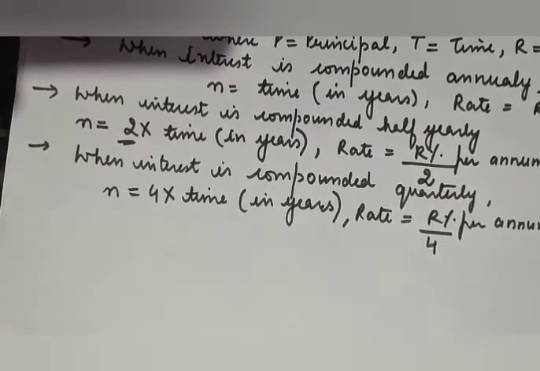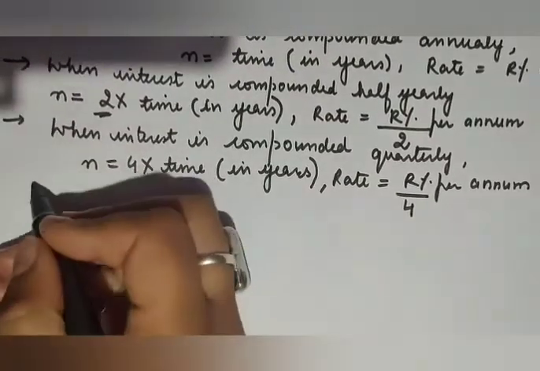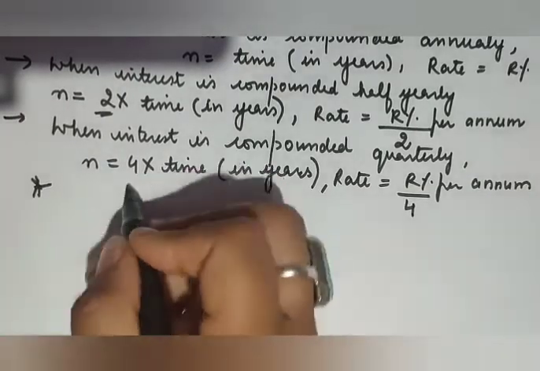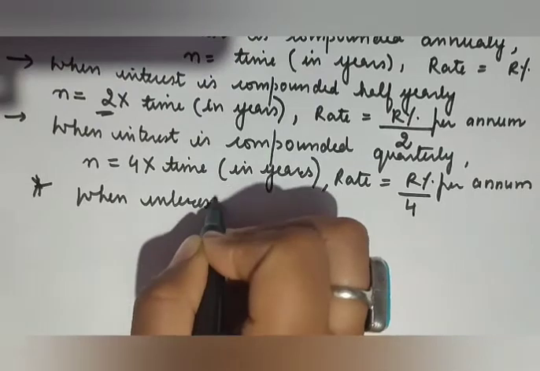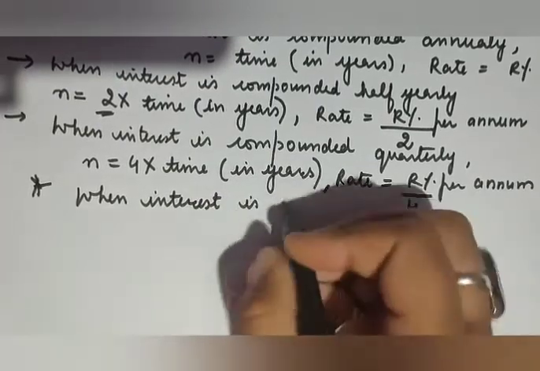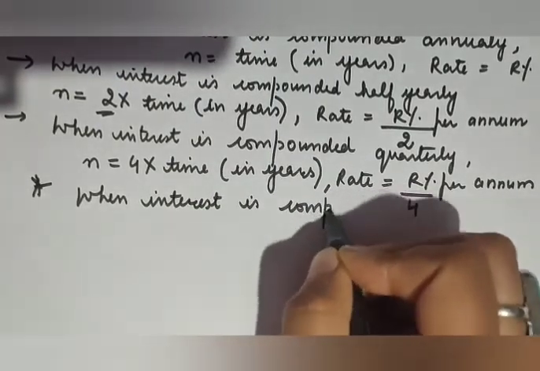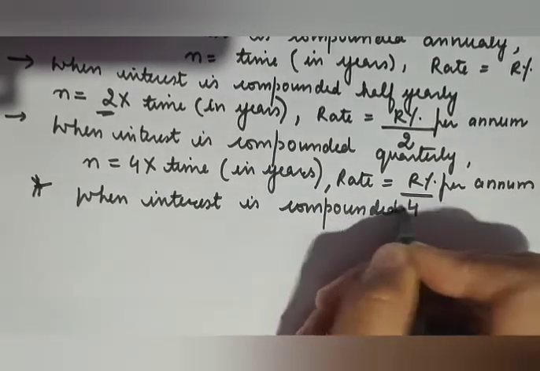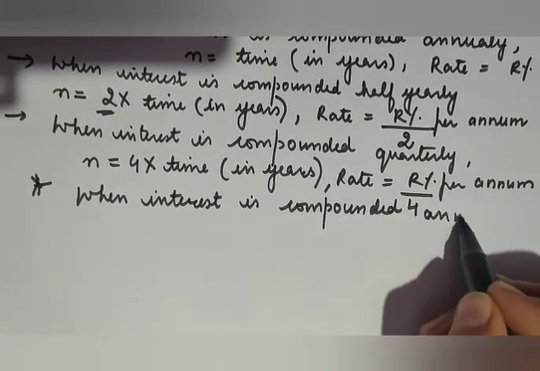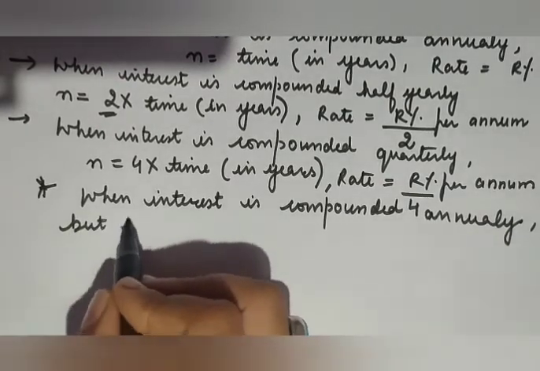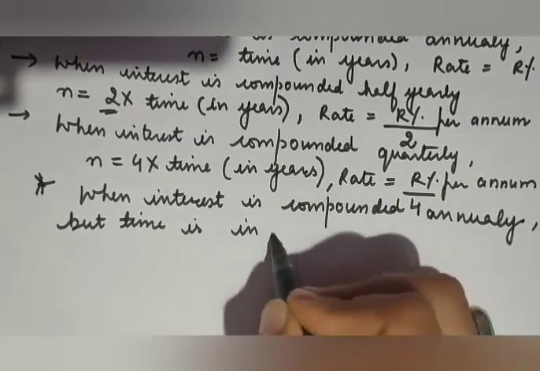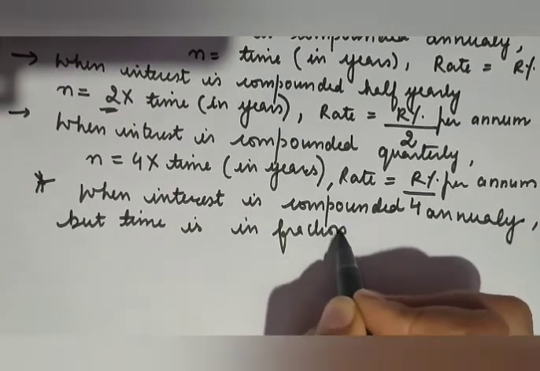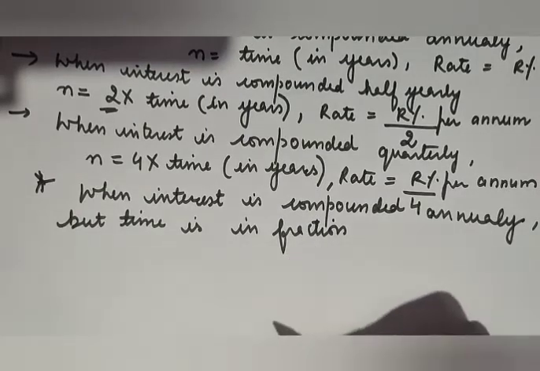After this, the last thing that I want to tell you is a different note. When interest is compounded annually but time is in fraction, sometimes it is like 1/2 years, suppose 3.5 years.